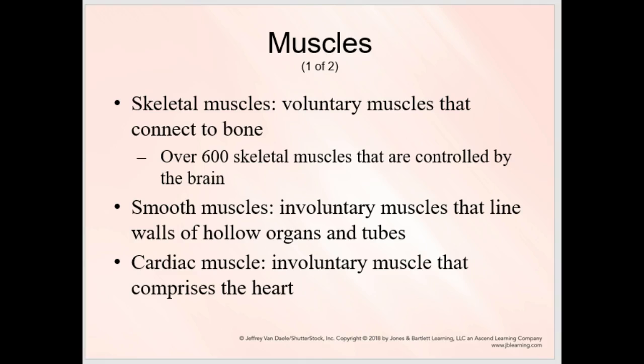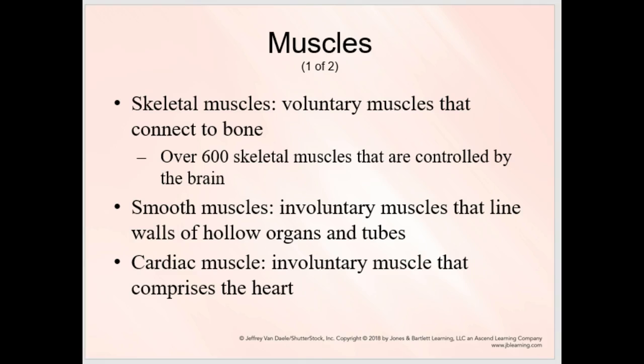All right, so we have over 600 skeletal muscles that are controlled by the brain. Your book has like 300, it's 600. So these are voluntary muscles that connect to the bone, and these are the ones that we have voluntary control over. Smooth muscle are involuntary. They line the walls of hollow organs and tubes.